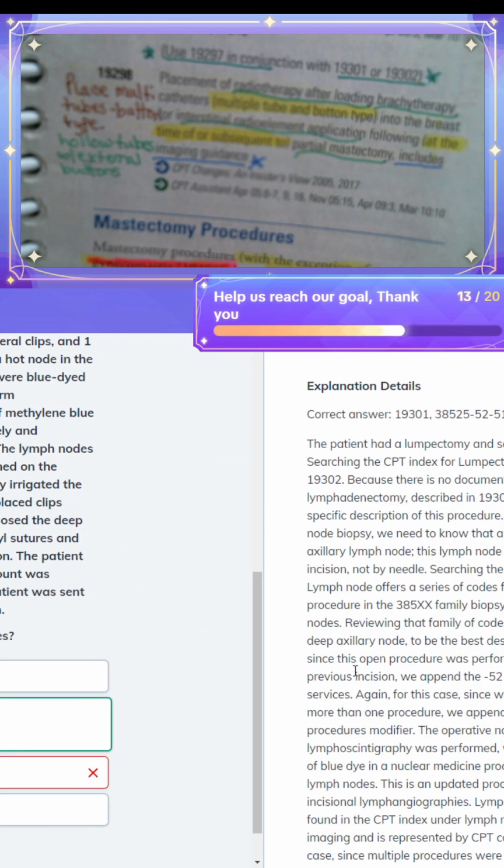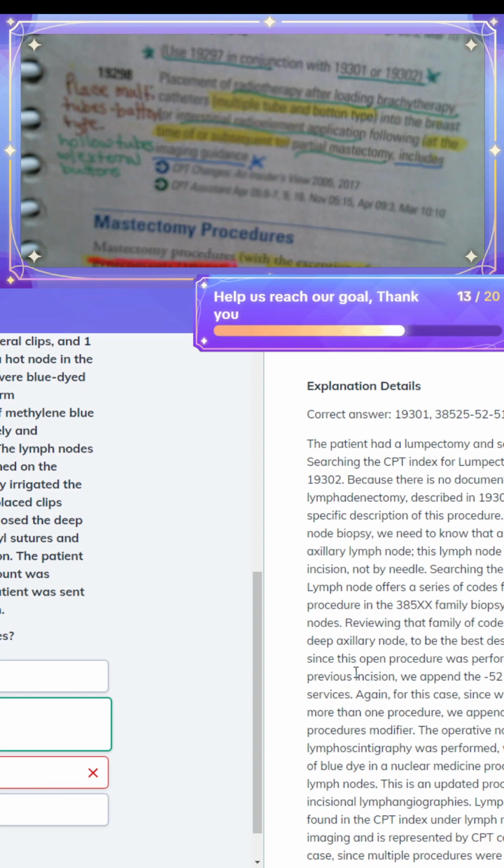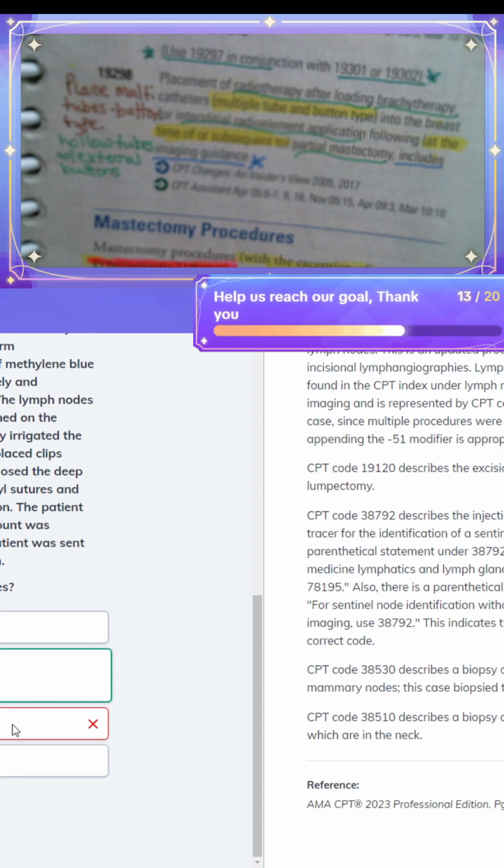A lumpectomy and a node biopsy. Okay, there's too much wrong here. I'm going to have to write them about this one. All right.